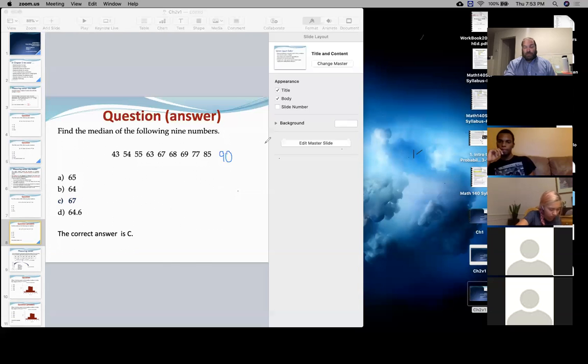Well, now there's 10 numbers. So 1, 2, 3, 4, 5, break. 1, 2, 3, 4, 5. So it's halfway between 67 and 68. And what number is halfway between 67 and 68? What's the average of those two? 67.5. Does that make sense?